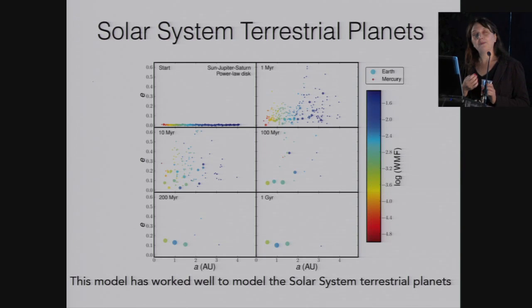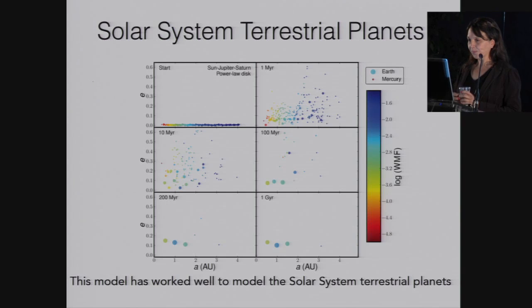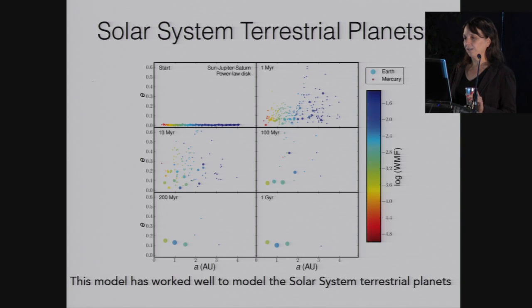Here I show a typical simulation for the late stages of accretion to form the terrestrial planets. In this simulation, you can see the initial disk of moon to Mars-sized bodies. Each panel shows a snapshot in time for the simulation, and the eccentricity of the bodies is shown as a function of their distance to the star.